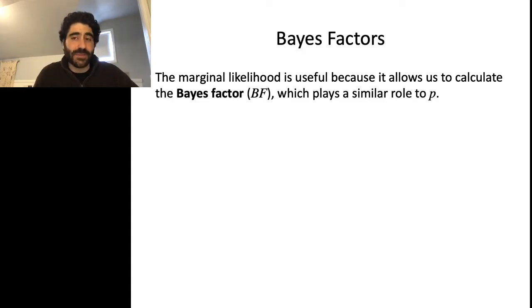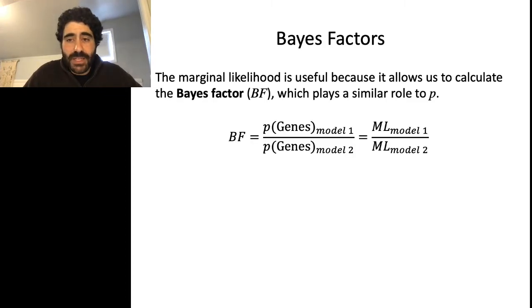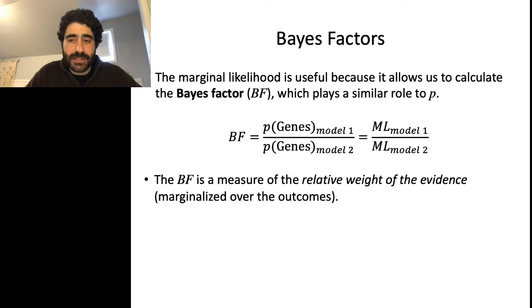For example, we could compare the evidence for our alternative versus the evidence for the null. The Bayes factor is the ratio of marginal likelihoods between 2 models. It's a measure of the relative weight of the evidence for model 1 versus model 2, and it's marginalized over the outcomes.